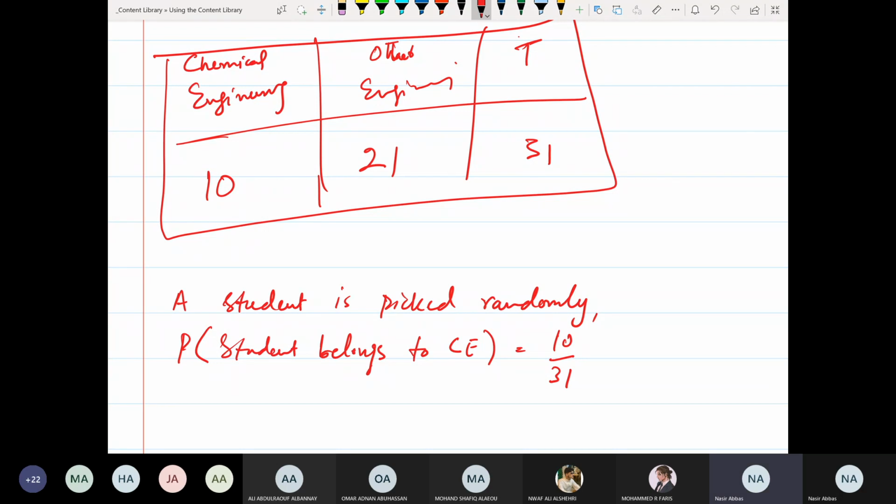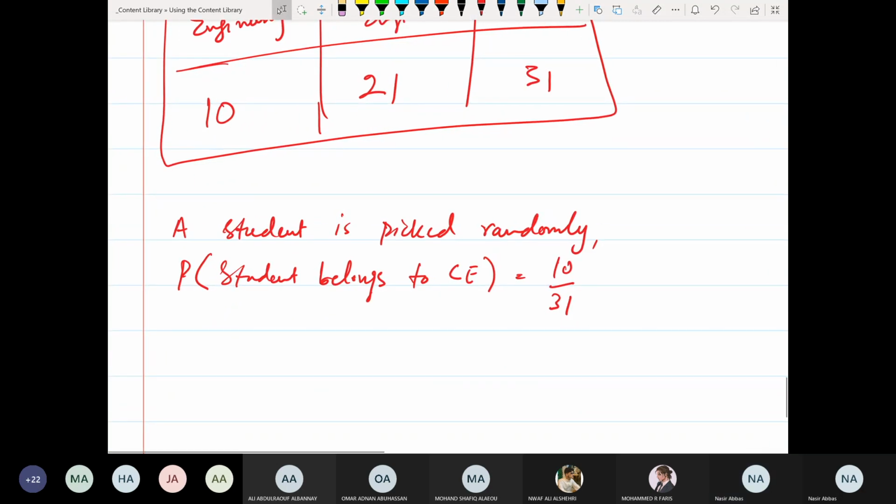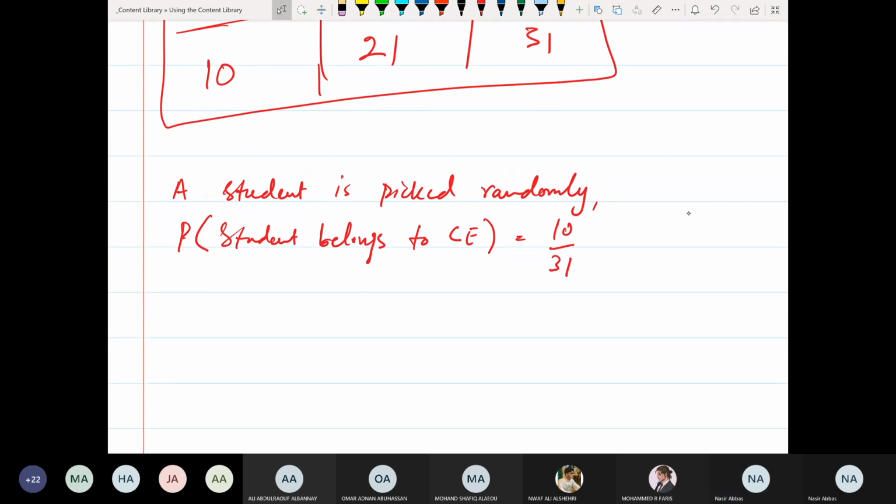But what if I tell you that I picked a student and the student was Nawaf Ali? What is the probability that he will belong to chemical engineering? Can I even talk in terms of probability? Once the student is picked, and I know that it is Nawaf Ali, and now I know he is from chemical engineering.